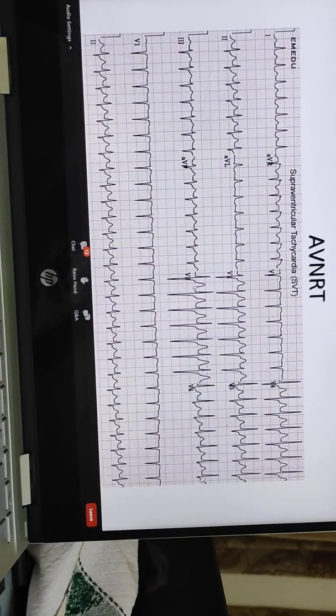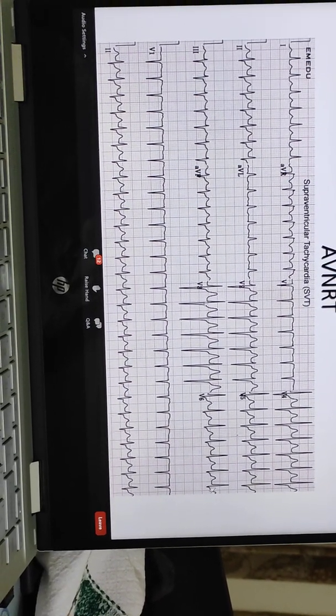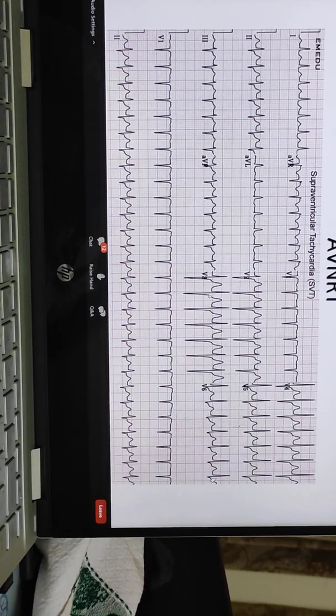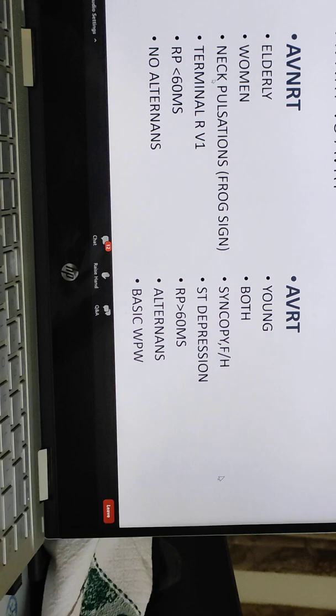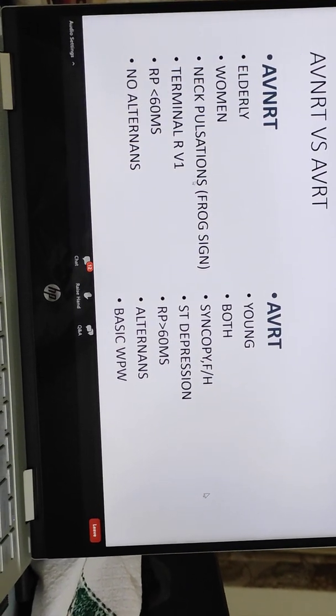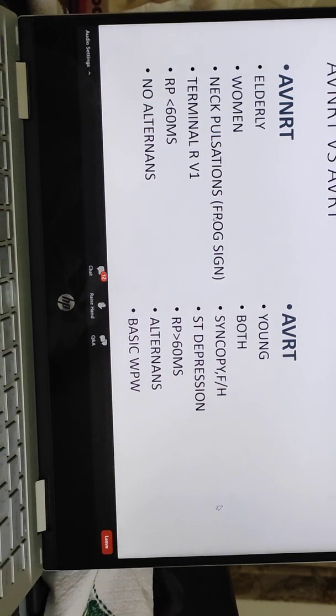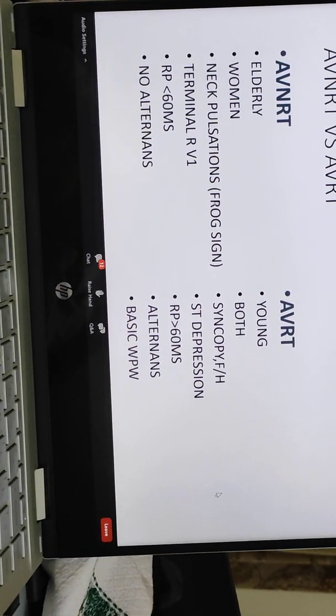The right atrial pressure will be transmitted to the jugular veins. So for all these beats, the right atrium is going to contract against the closed tricuspid valve, and you'll have what is known as the regularly occurring cannon wave, which is called the frog sign. You imagine the throat of the frog which is pulsating regularly.